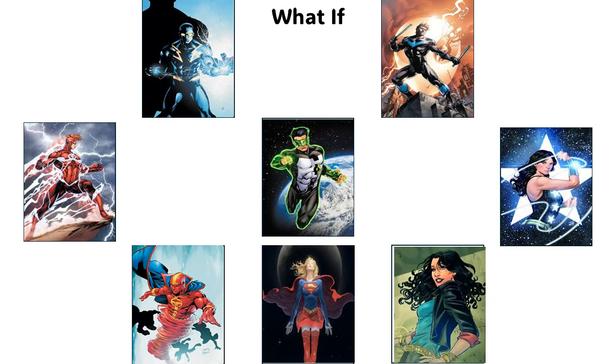And again, this is a what if. The original 7 Justice League members in this case, Batman, Superman, Wonder Woman, Hal Jordan, Green Lantern, Barry Allen, Flash, Aquaman and Martian Manhunter vanished. So these would be the guys to assemble the new league if that happened.